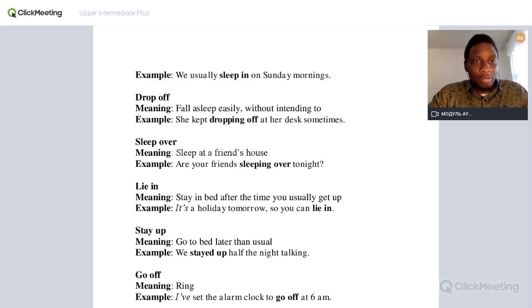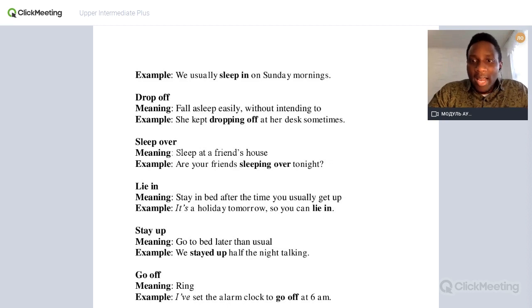And these are all verbs. But you see, for example, this is drop and you have off. Off is a preposition. So the phrasal verb is when we put them together with the preposition. Drop off, sleep over, and so on.